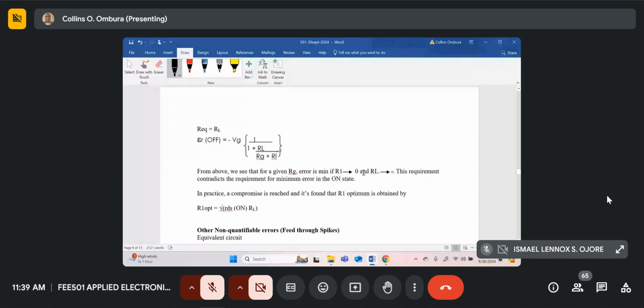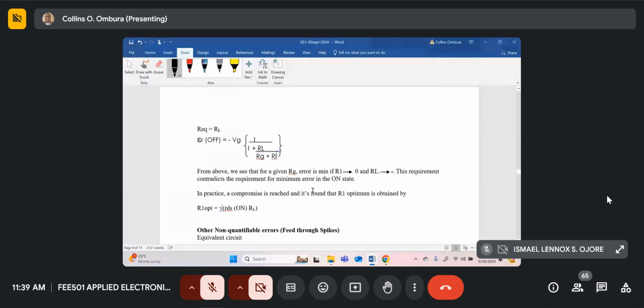And RL should be large, because if RL is large, then the denominator becomes large, and therefore the error becomes small.